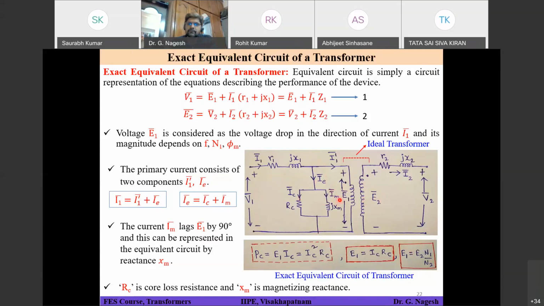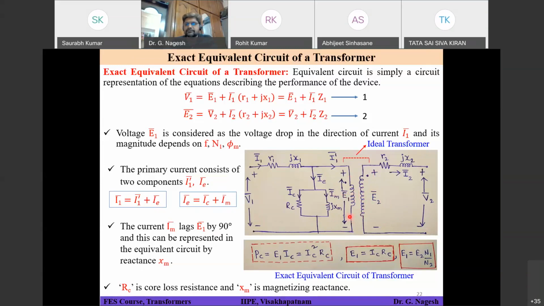But one thing we should understand is that one side is at a voltage level of E1 and the other is at a voltage level of E2. Analyzing a circuit which has different voltage levels is not very convenient for us to study.